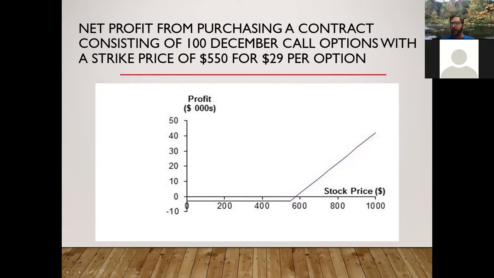So, imagine 55,000 down here and it goes all the way up, and then I'd have this line. What I can do is say, okay, well, I'm going to push the line down $29 or $2,900 for 100 contracts, but it minimizes this downside risk, right? Because the worst case, I lose 2,900, not 55,000.